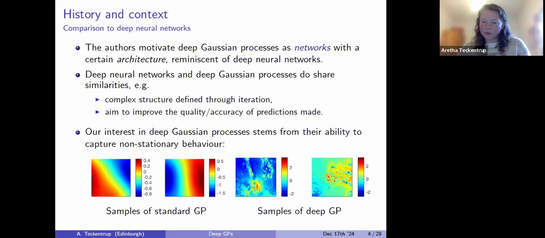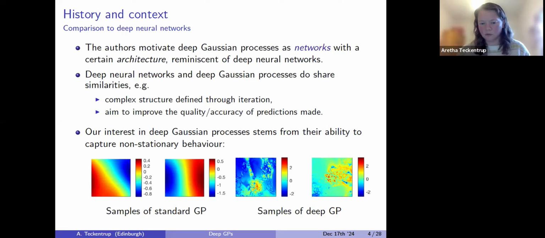Our interest in deep Gaussian processes comes from the ability to capture non-stationary behavior. That's something that my work has been focusing on. If you think about standard Gaussian processes, the types of functions that they could model will look something like the two samples on the left here. This is a Gaussian process in 2 dimensions, and I'm plotting 2 sample paths, or 2 realizations.